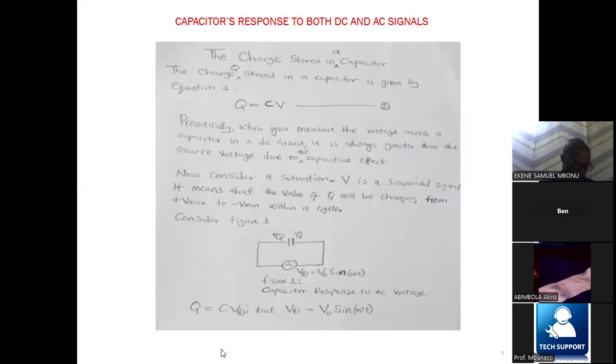We call it capacitor action because from equation 2, you will notice that Q is equal to CV. That effect is called capacitor action. It will cause the voltage to increase a little. And that's one of the reasons why you are not advised to use exactly the same rated voltage.